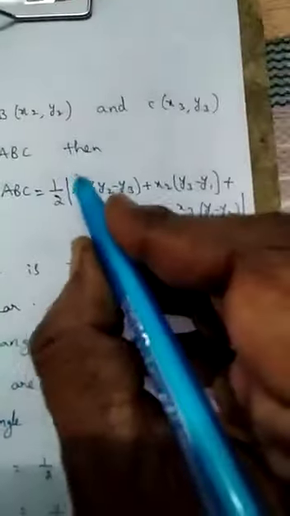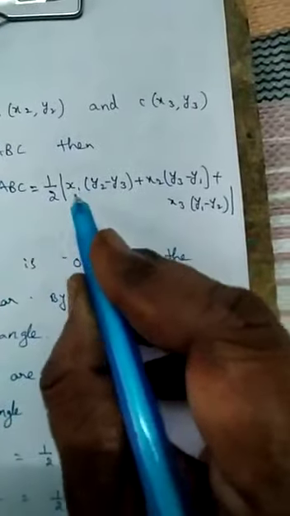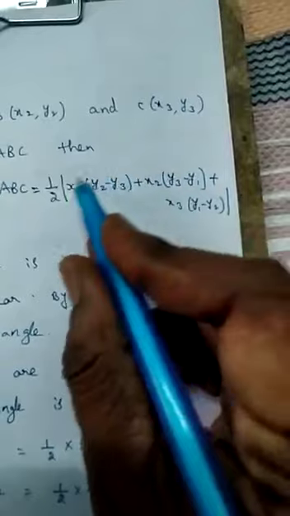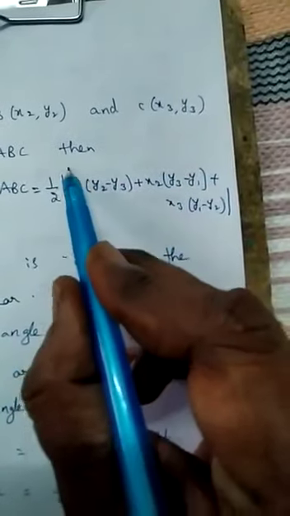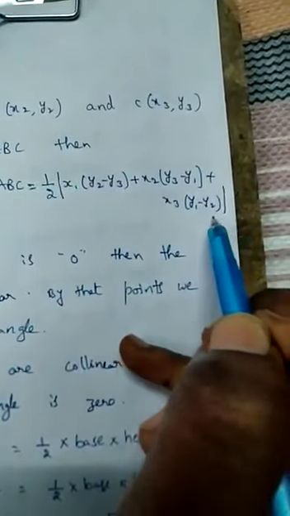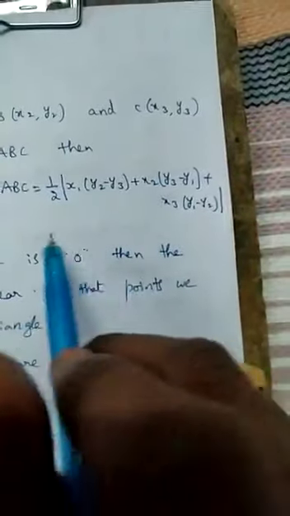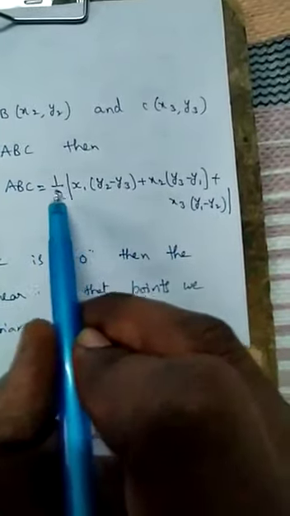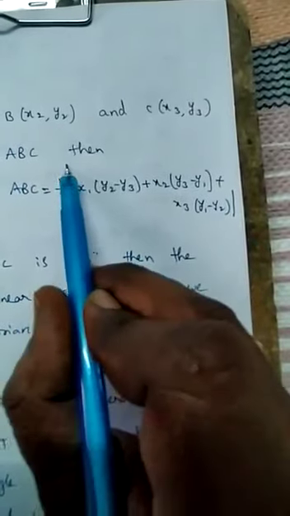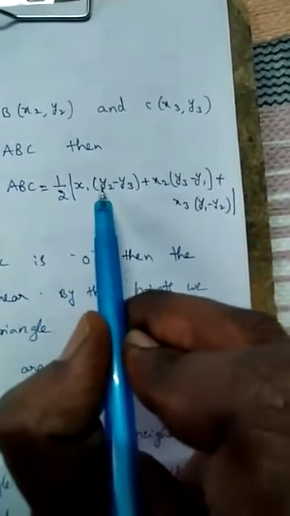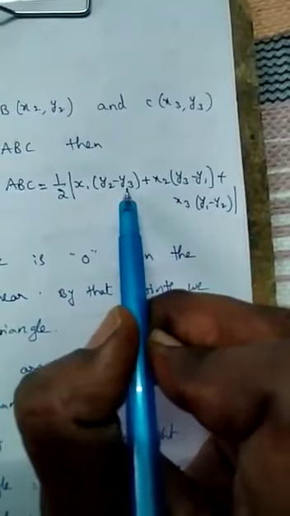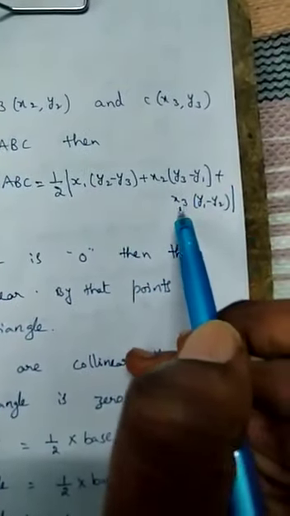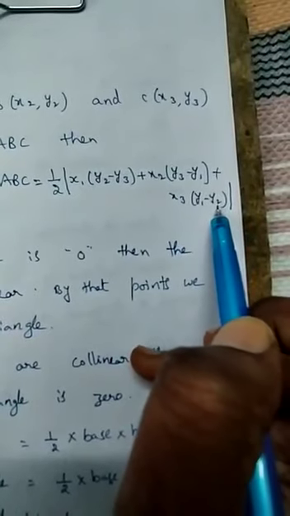Modulus means after calculation, if we are getting either positive or negative, based on the modulus symbol, finally we write the answer as positive only. Once again we read the formula: half into modulus of x1 into (y2 minus y3) plus x2 into (y3 minus y1) plus x3 into (y1 minus y2).